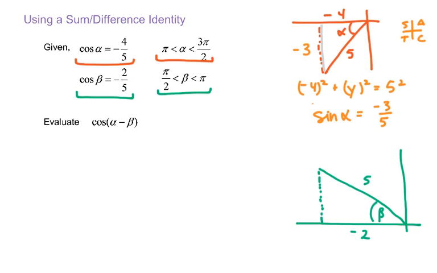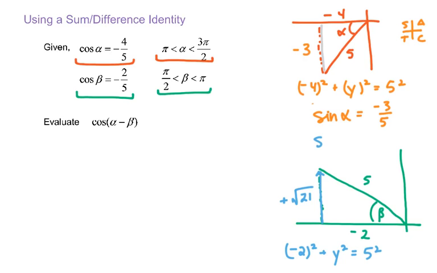Remember, the radius is always positive, and because this is extending to the left, the x value is negative. Using the Pythagorean theorem, negative 2 squared, which is 4, plus y squared equals 25. 25 take away 4 gives y squared equals 21, or y equals root 21. Because we are traveling up, this is a positive value.